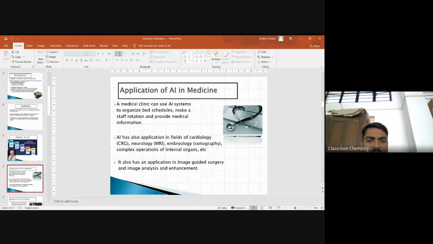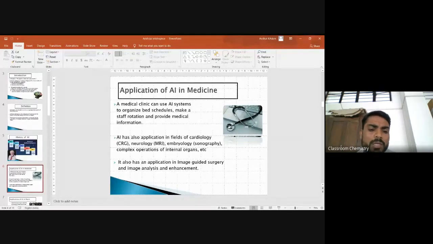Then in neurology, that is the magnetic resonance imaging technique, in bracket they write MRI. If there is any problem in the brain, some nervous system, neurons, then we can use this artificial intelligence technique. In absence of these techniques, doctors cannot carry out such complicated operations.